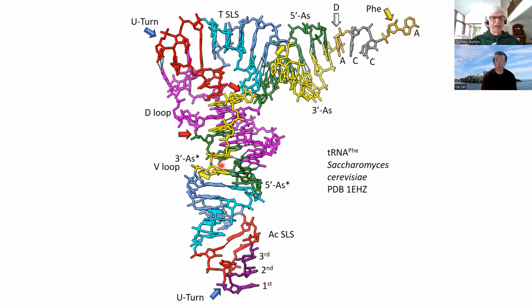These 7 here, in yellow, are derived from a CGC repeat. In green, these are derived from a GCG repeat. And this is derived from a UAGCC repeat, the D loop.